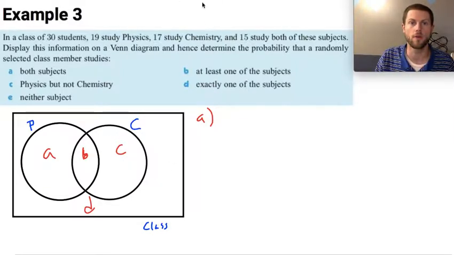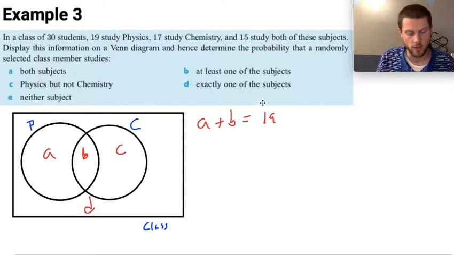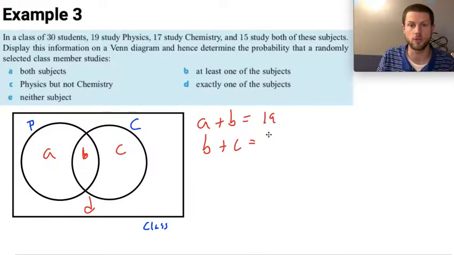I know that the sum of A plus B, whatever number is in this region and whatever number is in this region, is the total number of physics students, so that's 19. I also know that B plus C is equal to the number of chemistry students, so that's 17. I also know that B must equal 15, since that is the both subjects.